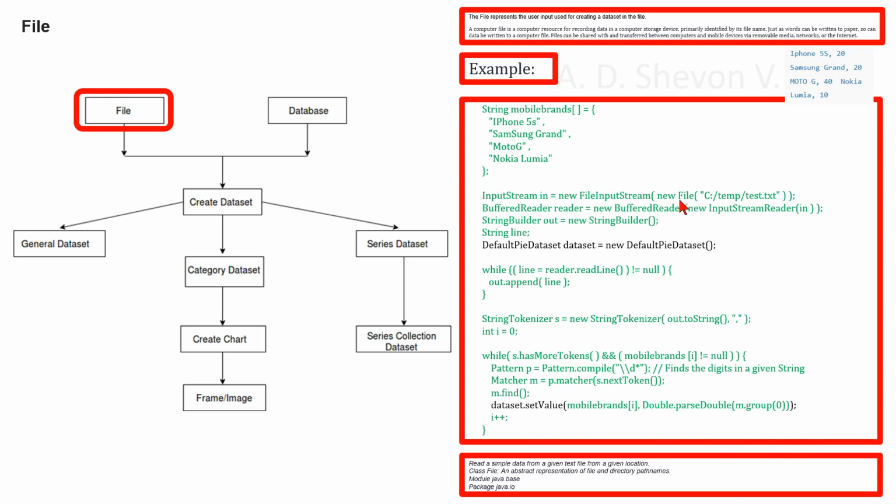Here the class File, an abstract representation of file and directory path names. This is in module java.base and package java.io. You can see the input data here in the test.txt file.